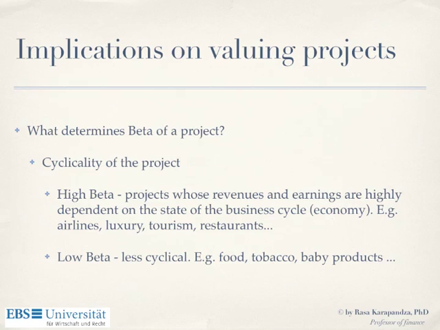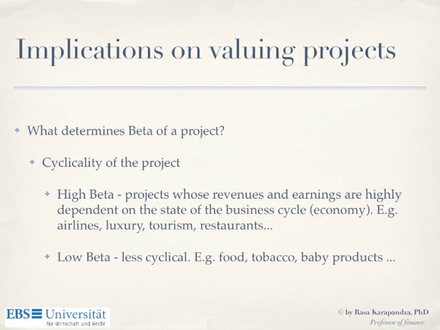So more risky projects are those that are more moving with the market, like projects involving airlines, luxury, tourism, restaurants, because these are the things on which people save when the market does badly, and people spend money on them when markets go well. Okay?